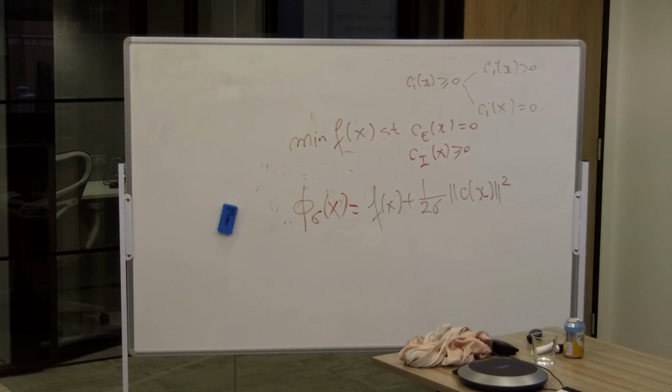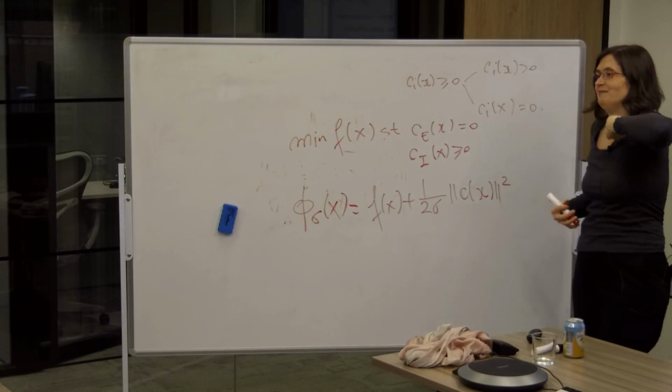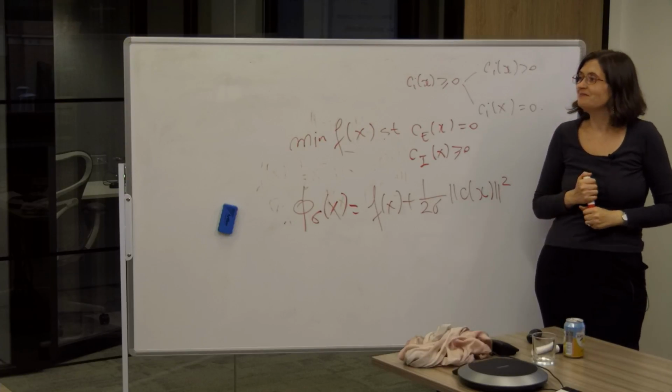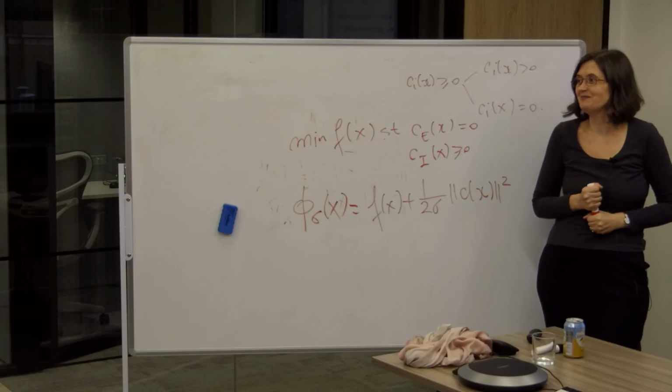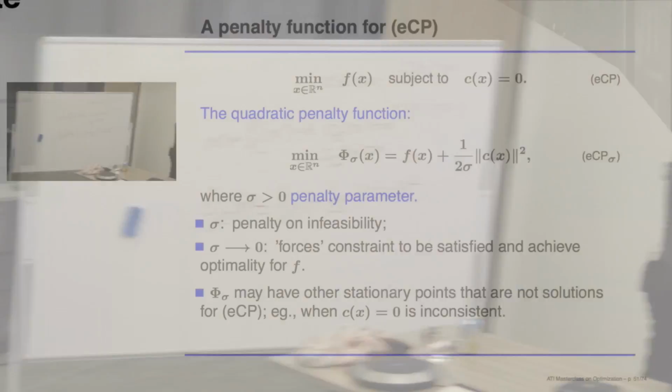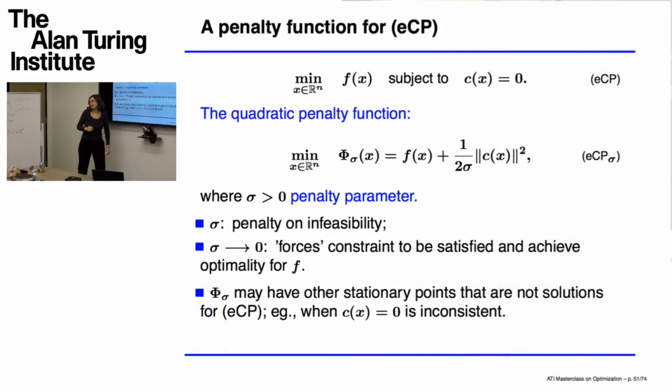Why do we have the half? It's just to cancel when we calculate the derivatives. It doesn't matter. Why do we have the square, though? That's my question to you. Well, we don't need the square there, but why do we put the square there? It's not differentiable otherwise.